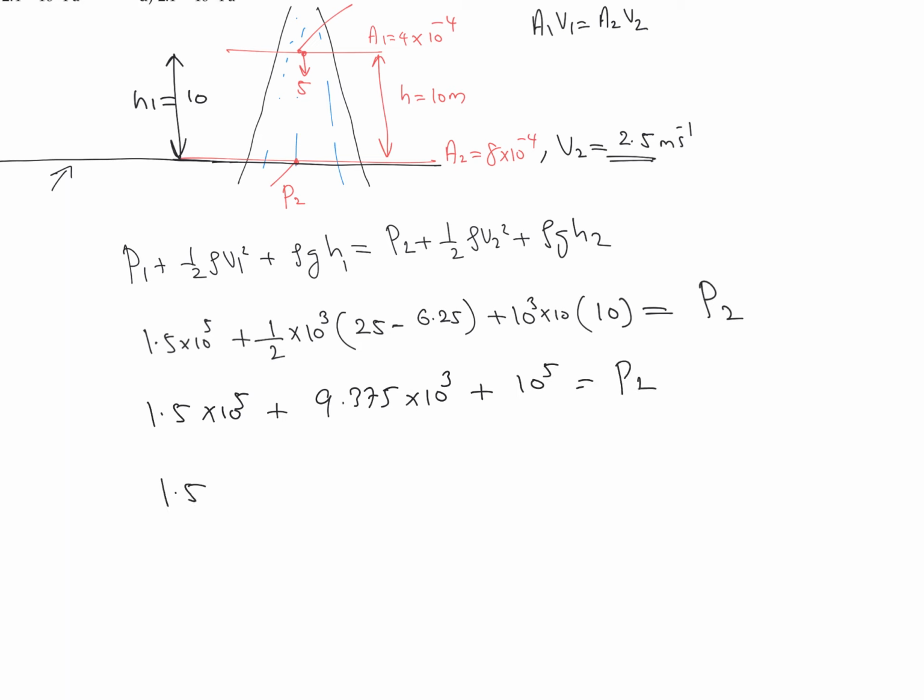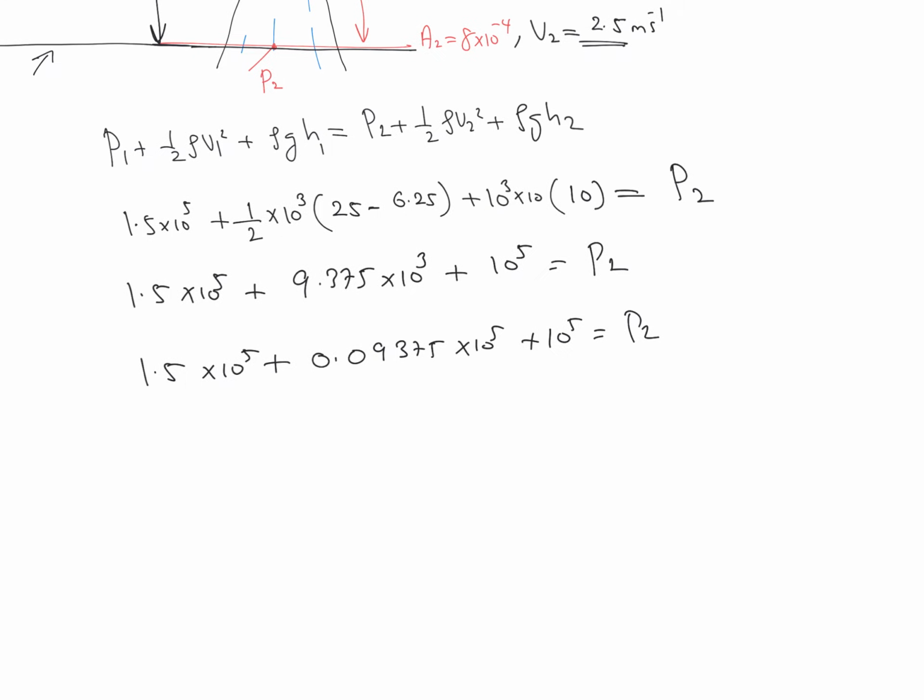So we can write 1.5 into 10 raised to 5 plus this can be written as 0.09375 into 10 raised to 5. I'm writing it all in terms of 10 raised to 5 so that we can take 10 raised to 5 as common. This is going to be 1.5 plus 0.09375 plus 1, into 10 raised to 5.